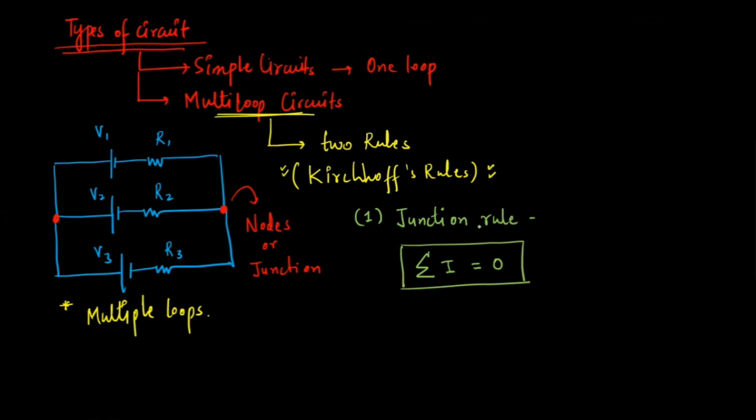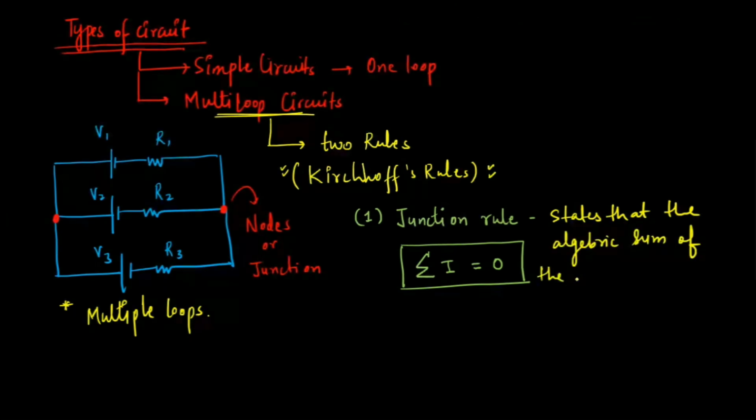What does it mean? Let us try to understand it through statements as well. The junction rule states that the algebraic sum of the current at any junction is zero.